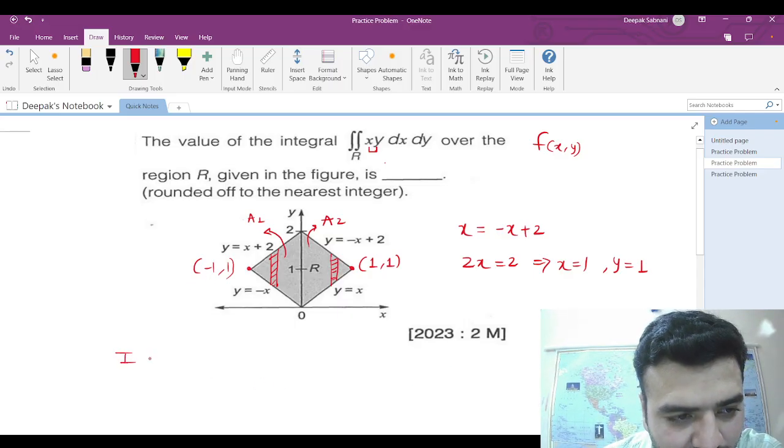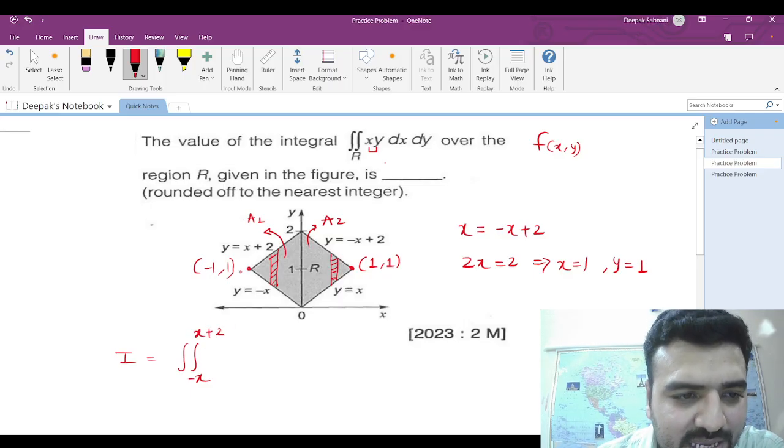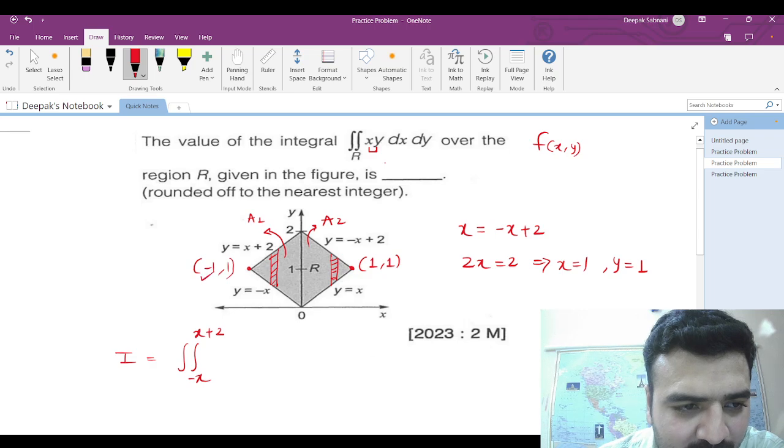So I is equal to the double integration. I'll take both the parts. For one area, y varies from minus x to x plus 2, and x varies from minus 1 to 0, of xy.